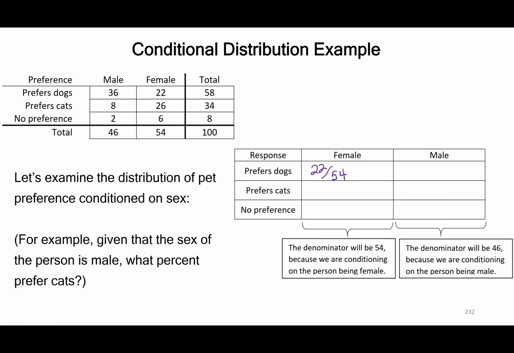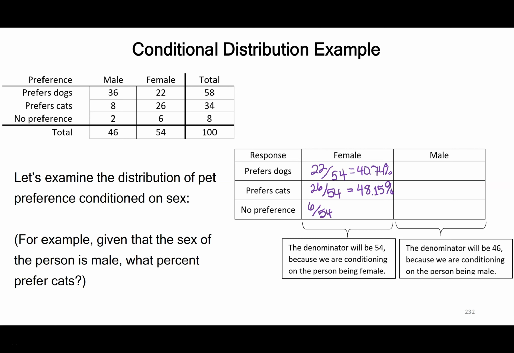I think I have something like 40 point, you could round in slightly different places, 74%. There were 26 of the female individuals out of 54 of them. So 48.15% of the female individuals preferred cats. And then 6 out of the 54.